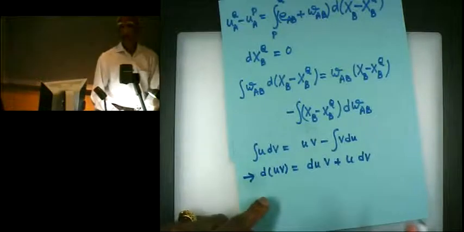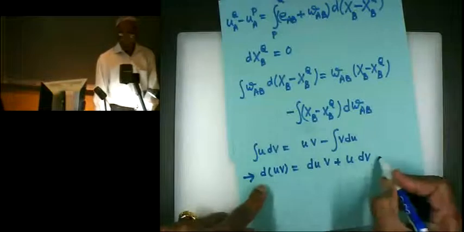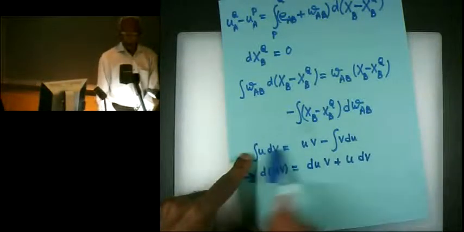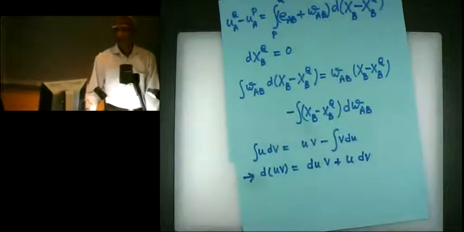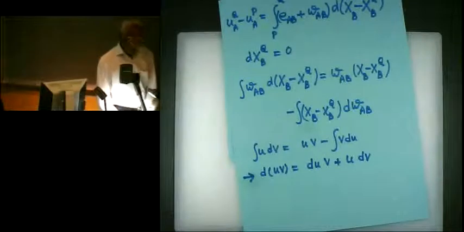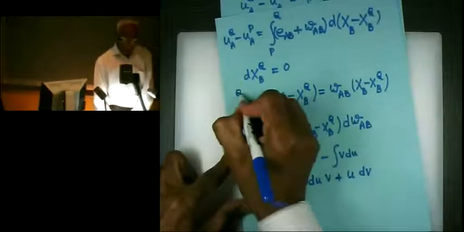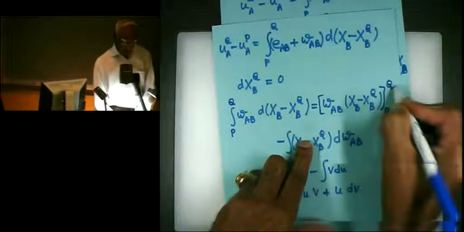This is the differential of the product of two functions. So if you remember this, then integrate it and you will get this. And that's what we are using. Okay? So this is between limits p and q, so this quantity should be between p and q, and this should be between p and q.